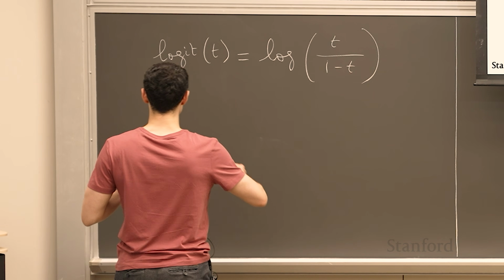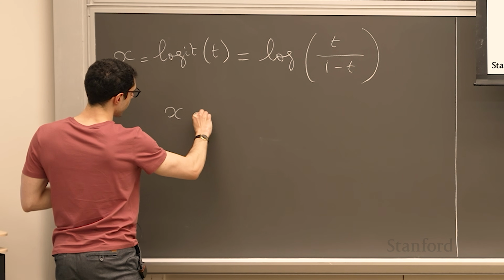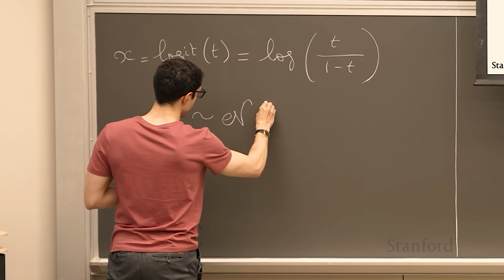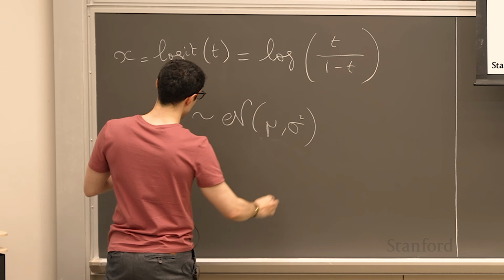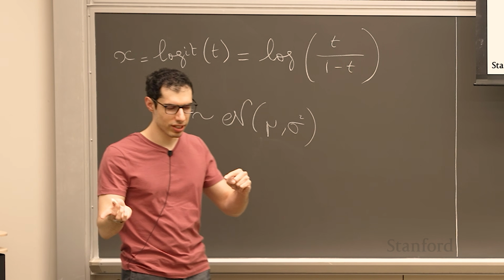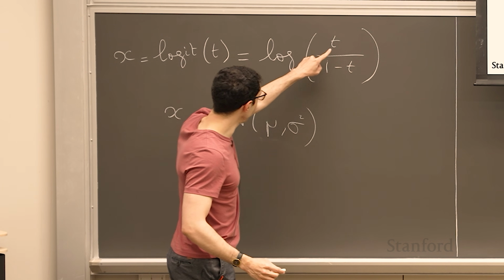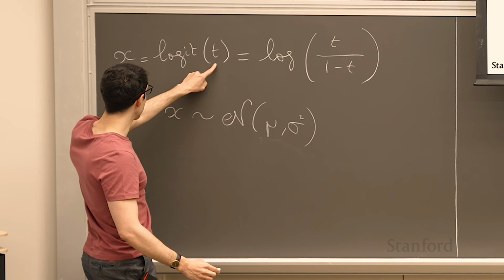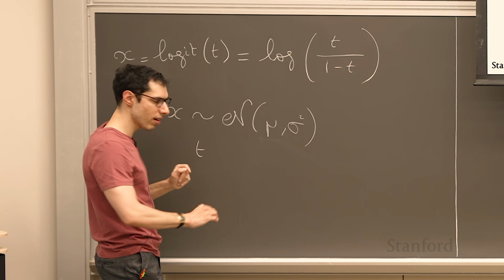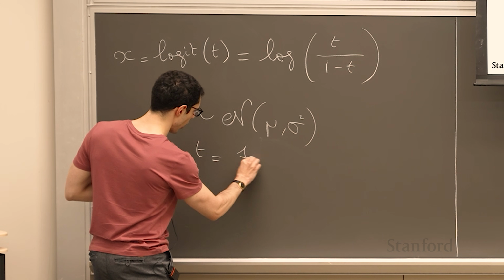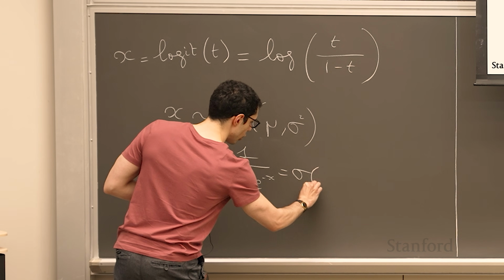And what we're saying is, if we sample x from a normal distribution, which is between minus infinity and plus infinity, then if we express t as a function of x, which I'm looking at the time we will probably not do, you will have something like this, which is just a sigmoid.